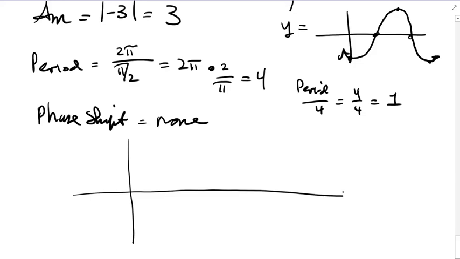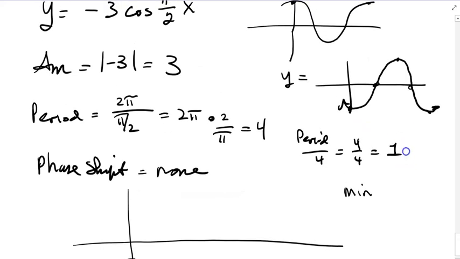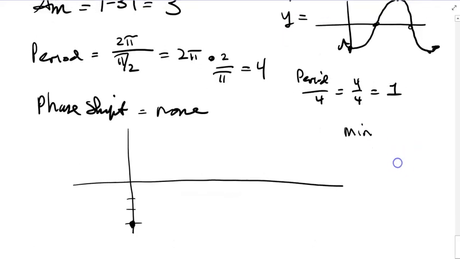What you need to remember for this graph is you are dealing with a negative cosine graph. So we're starting down. We also have an amplitude of 3, which means our starting point is down here at negative 3. So let's make our list. We have minimum, because we're doing the negative cosine graph, then an intercept, then a max, then an intercept, and then a minimum. So it is going to be reversed from before. Our minimum value starts at 0.